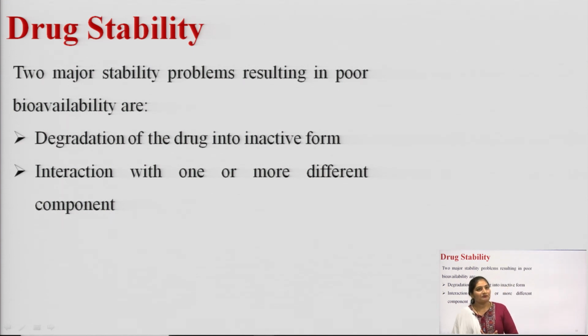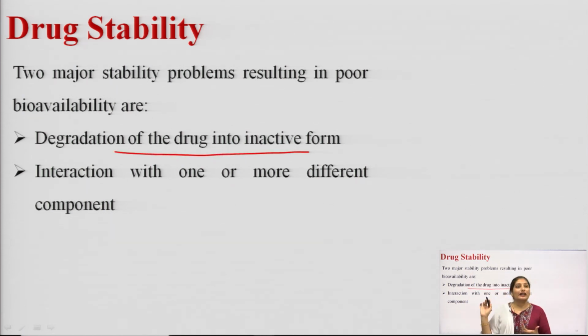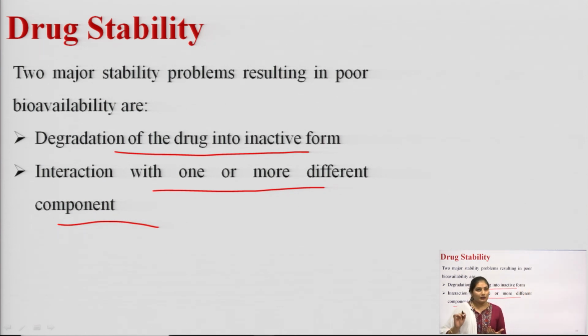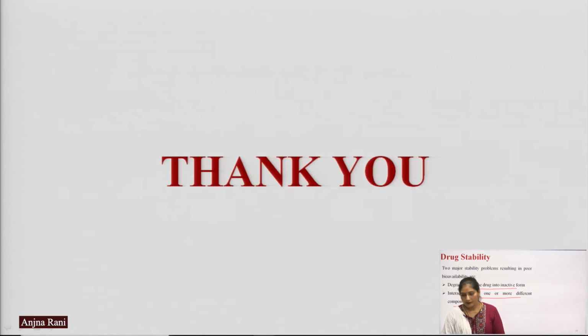First is the degradation of the drug into the inactive form, and second one is the interaction with one or more of the different components. So, this is all about the physicochemical properties of the drug substances that can affect the drug absorption and ultimately the bioavailability. Thank you.